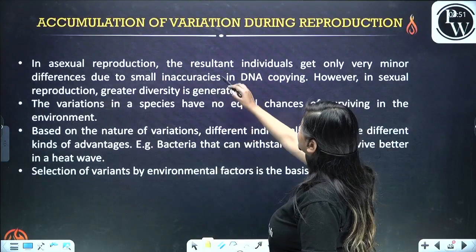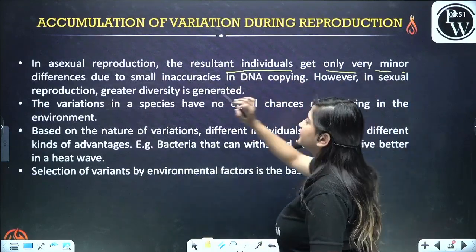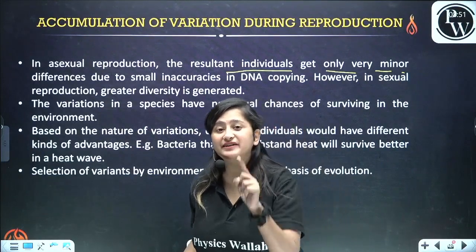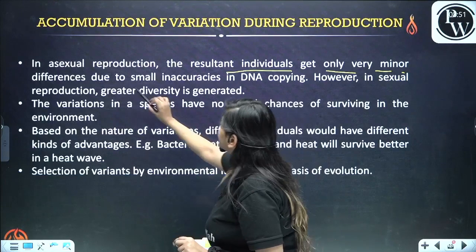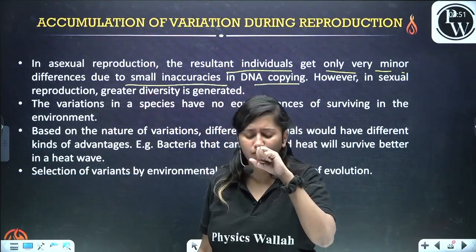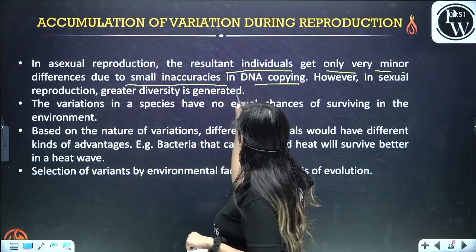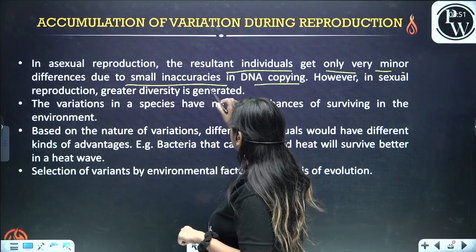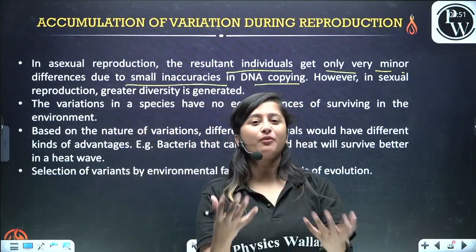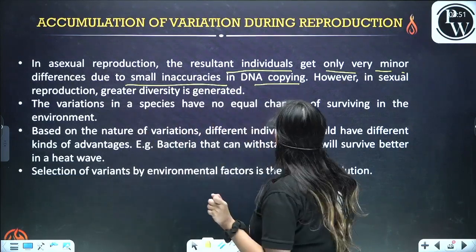In asexual reproduction, the resultant individual gets only very minor differences. In asexual reproduction, only one parent is involved, with small inaccuracies of DNA copying. So in asexual reproduction, an exact copy is formed because one parent is involved, and there are minute changes over there.